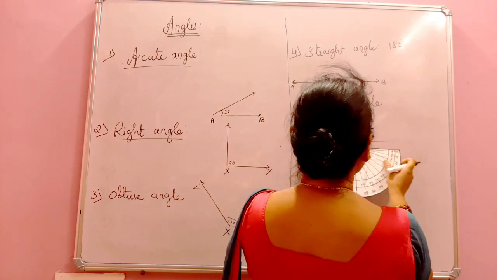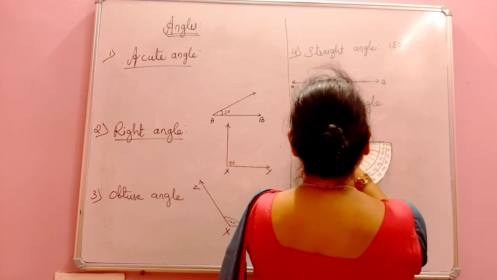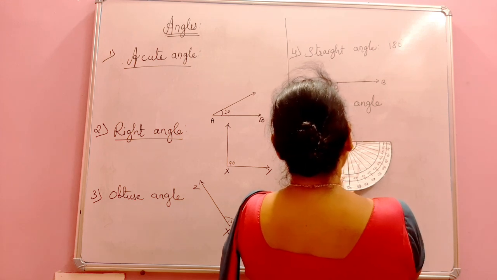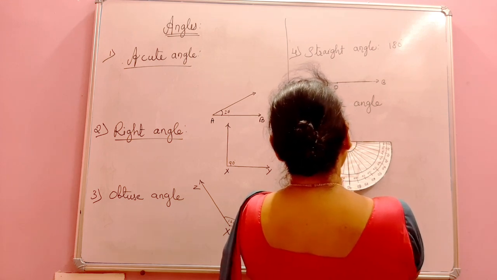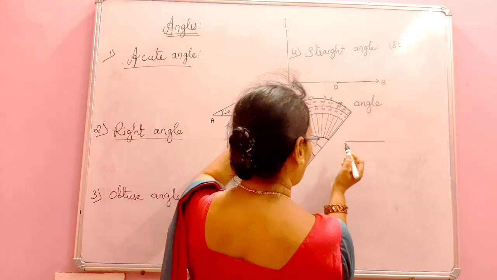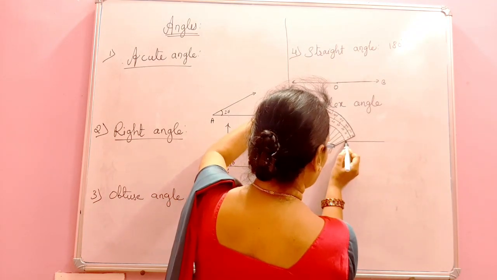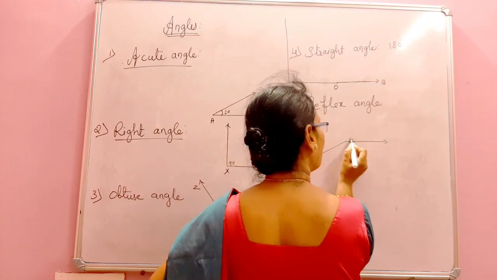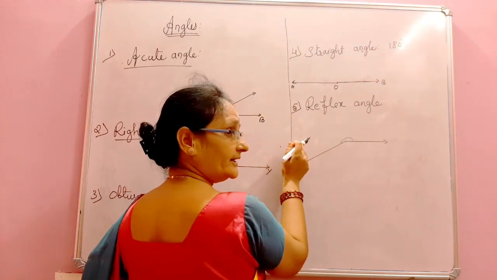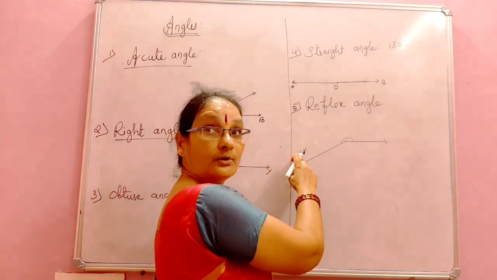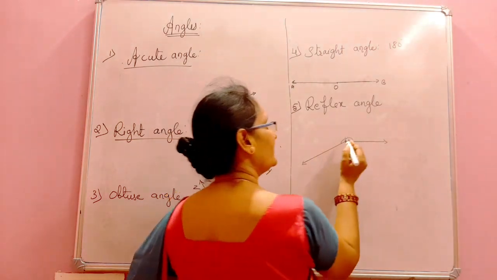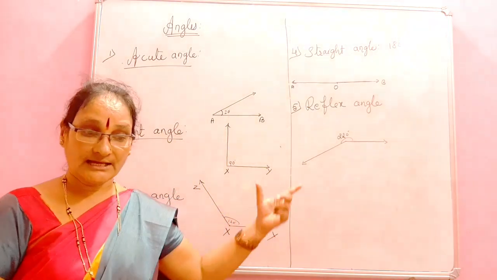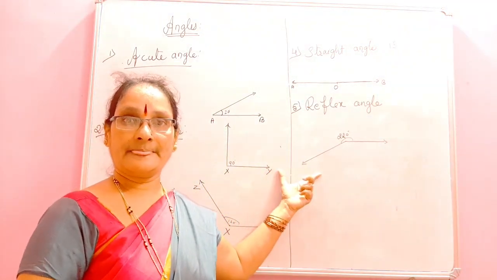More than 180 means 190, 200, 210, 220. This angle is 220 degrees. This kind of angle is a reflex angle.